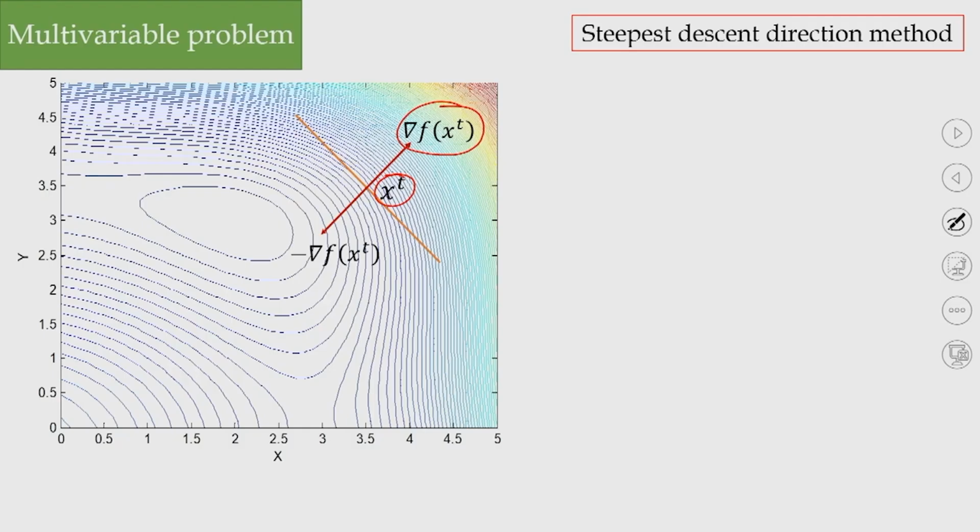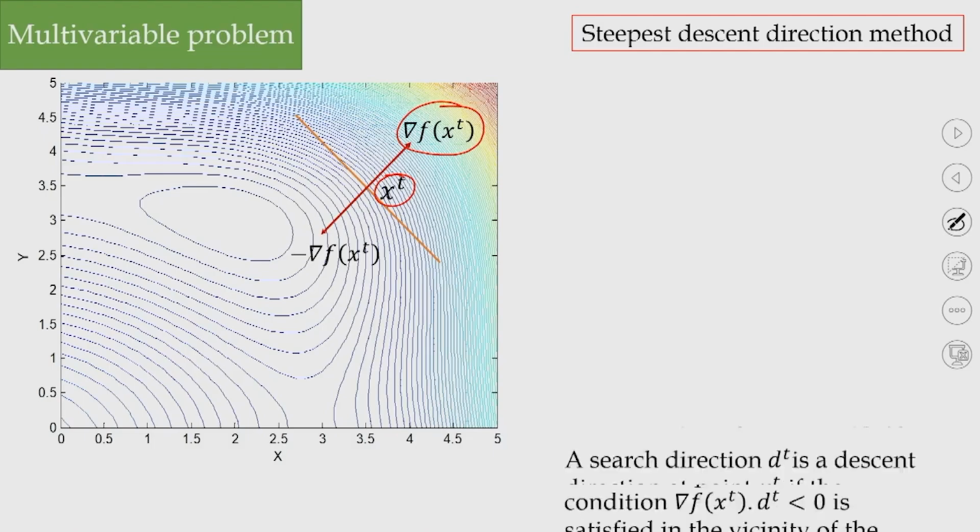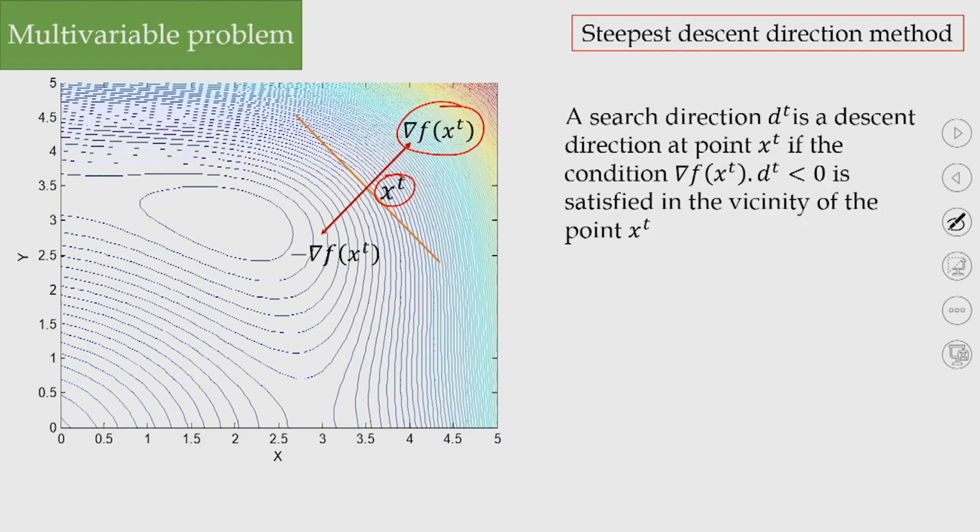Now this method is that you go along the steepest descent direction. What is a descent direction? Let me explain. A search direction dt is a descent direction at a point xt if the condition del f at xt dot dt is less than 0 is satisfied in the vicinity of the point.